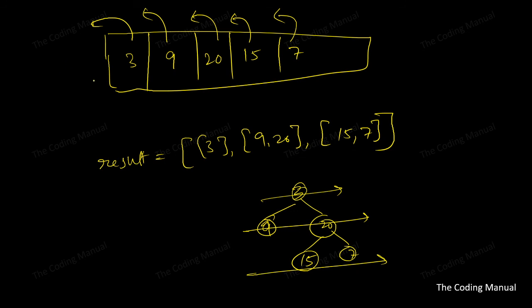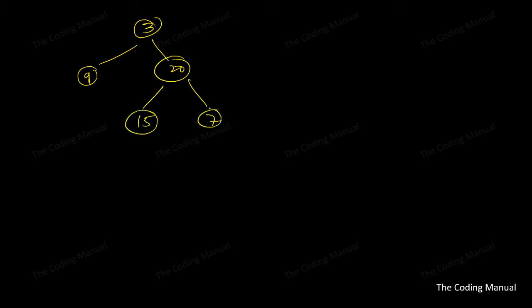Similar question we have in LeetCode: given a binary tree, we have to return the right view of it.